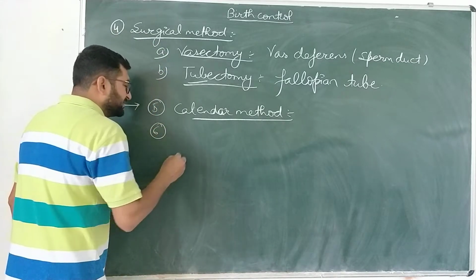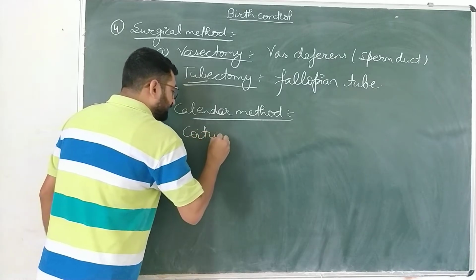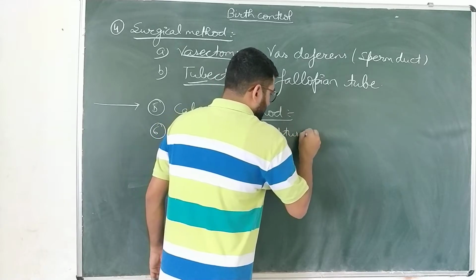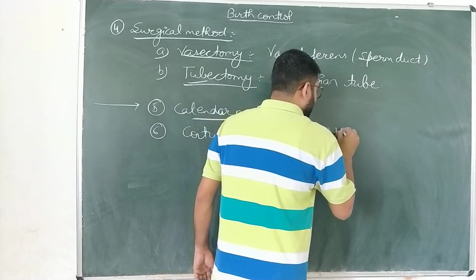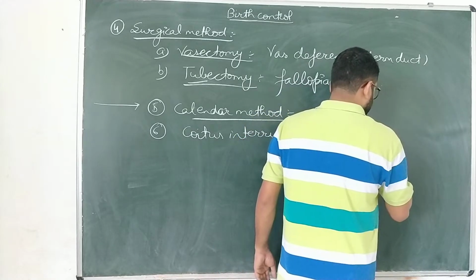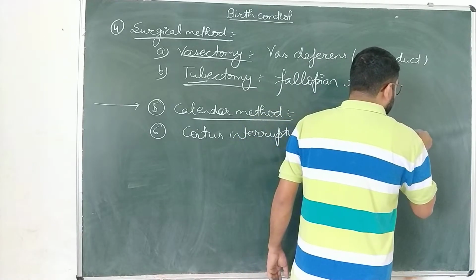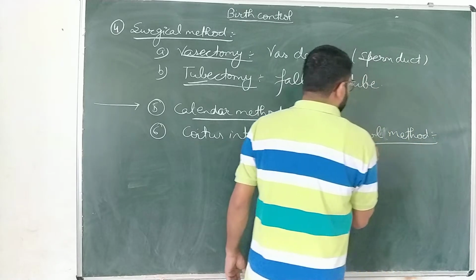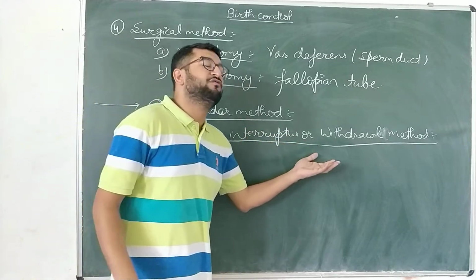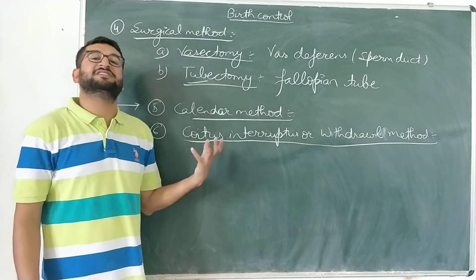The other method is coitus interruptus, also known as the withdrawal method. What is the withdrawal method? Just before the release of semen, the male withdraws his penis from the vagina.